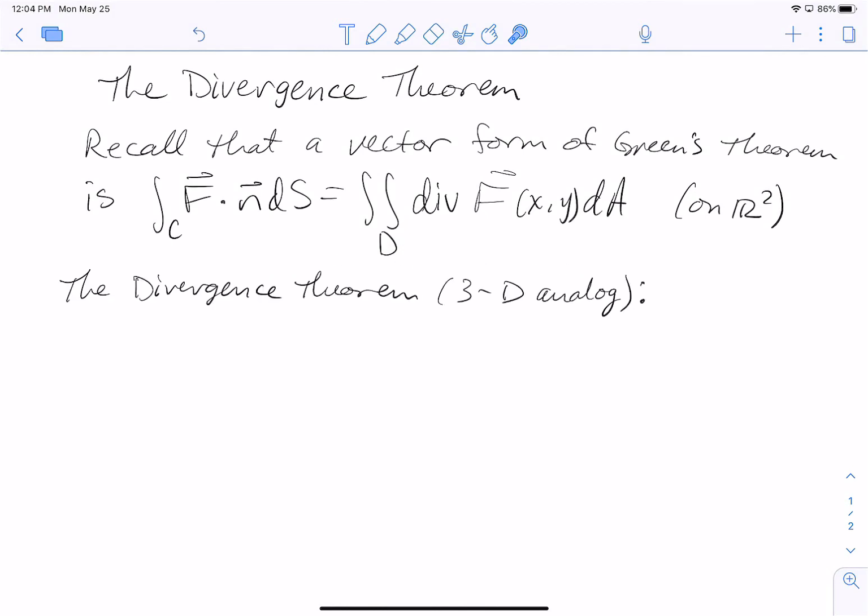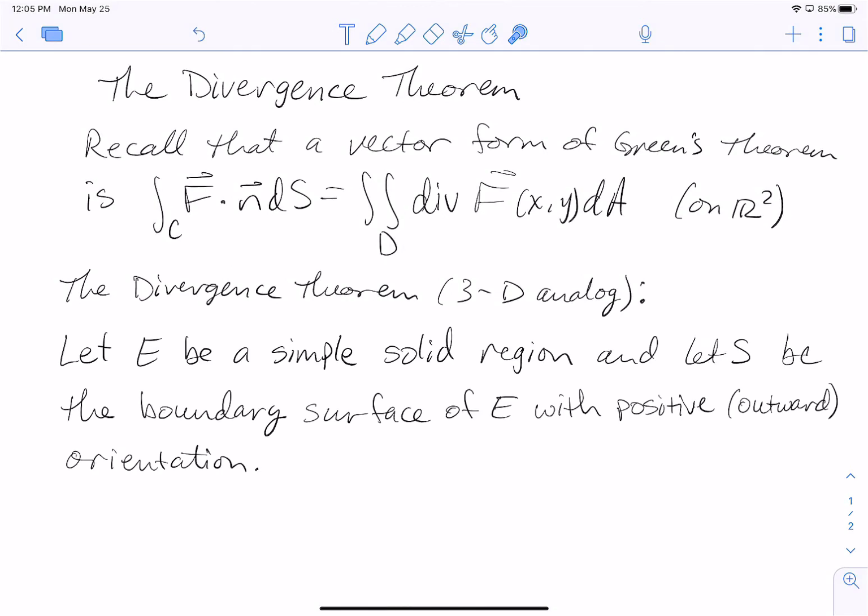That is, the divergence theorem is like a 3D analog of Green's theorem. To start building the theorem, we consider E as a simple solid region, and S is the boundary surface of E with a positive orientation. Remember that for closed surfaces, a positive orientation means outward pointing normal vectors.